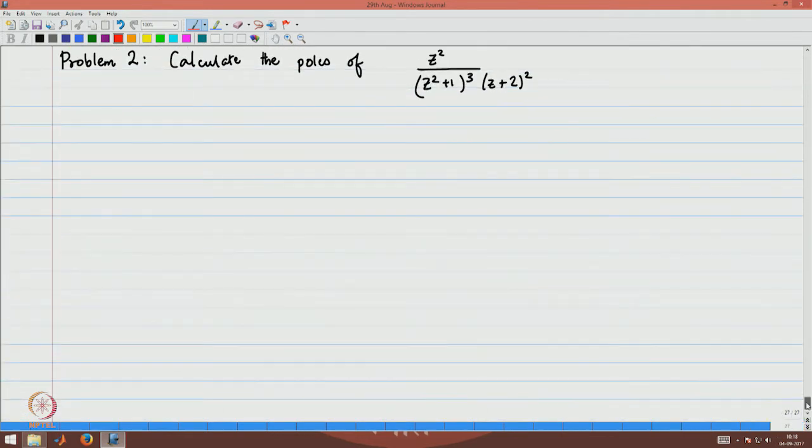Okay. So now the next problem that I want to do is to calculate the poles of z square divided by (z square plus 1) cube and (z plus 2) square. The poles are given by the denominator going to 0.